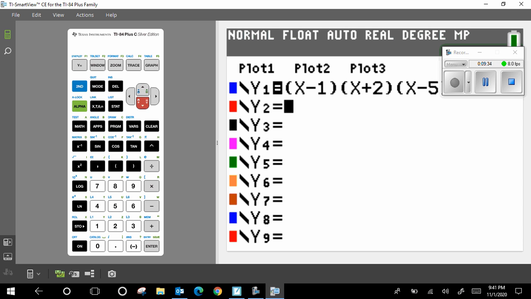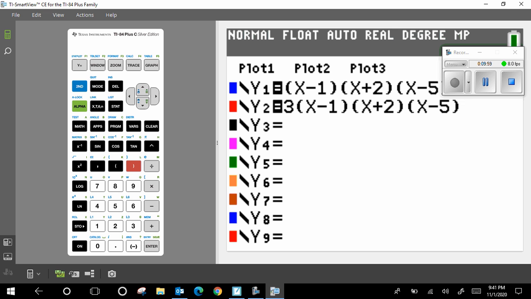And our second equation is the same thing, except it has a 3 in front of it. So x minus 1, x plus 2, and x minus 5. So make sure you use that subtraction sign and not the negative sign. Remember, the calculator doesn't like it when you think a negative is subtraction.